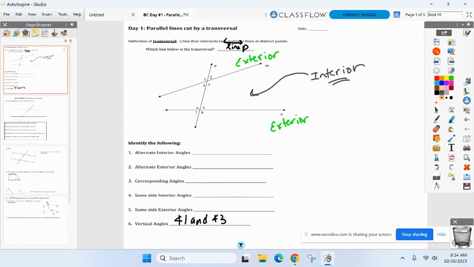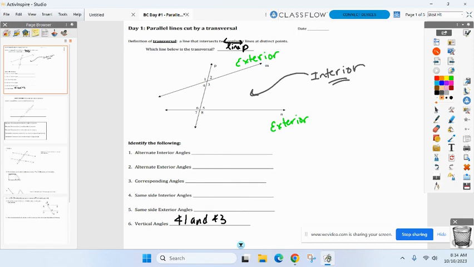So let's look at number 1 right now. Alternate, what word do we see? Interior, so I'm going to be looking at either 3, 4, 5, and 6 here. Alternate interior angles. So I know I'm looking inside. The alternate tells you we are on opposite sides of the transversal.